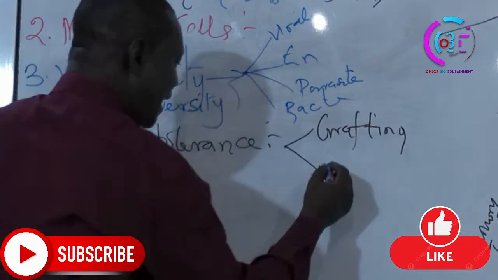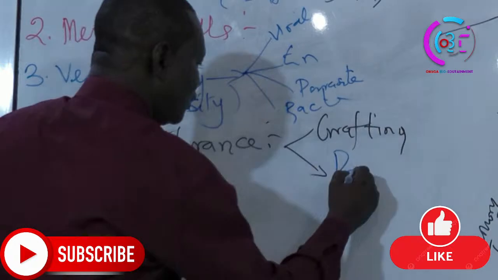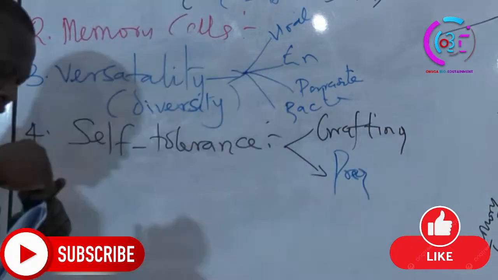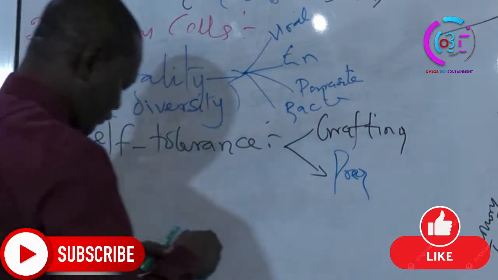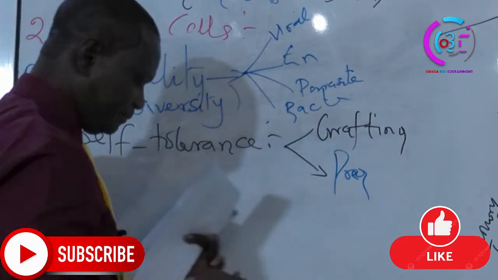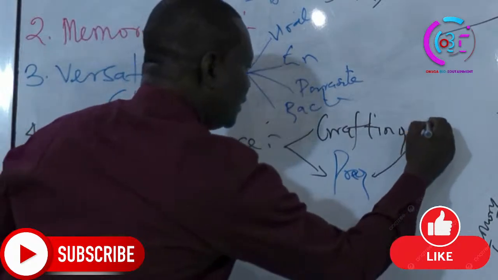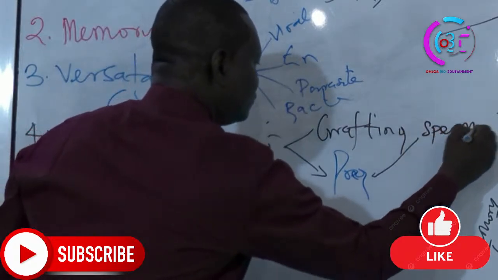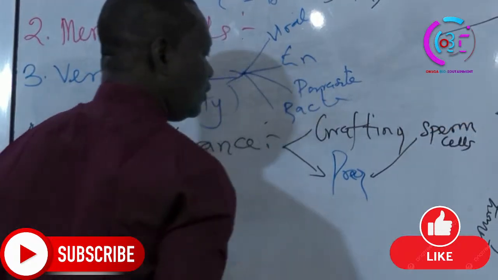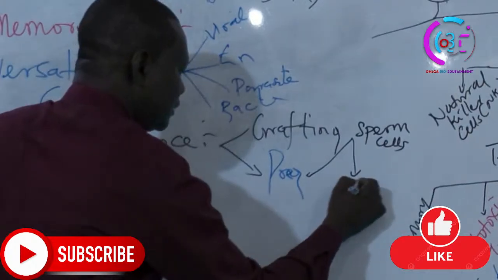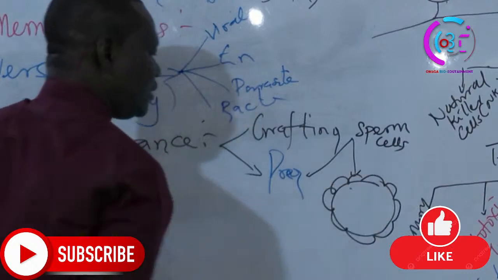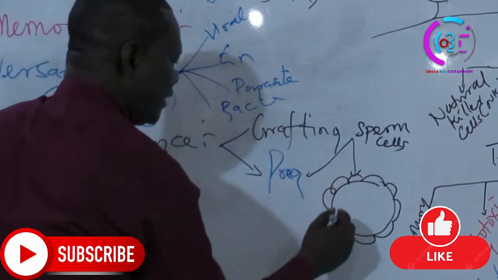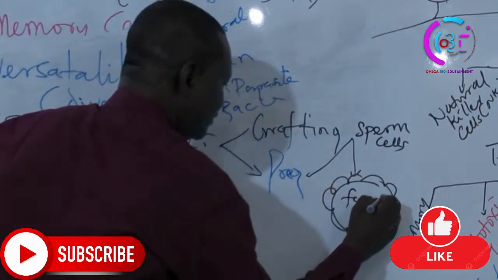So many times, the question is, what we call pregnancy is as a result of fertilization, when the sperm cells go and fertilize the egg, which is the female gamete.